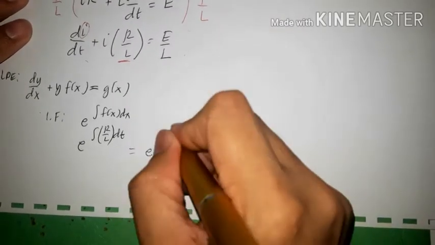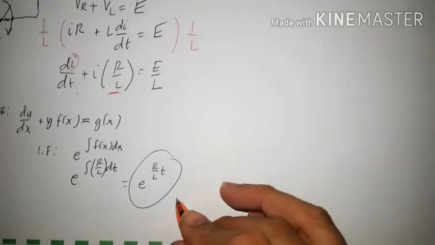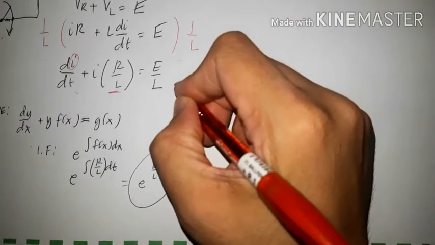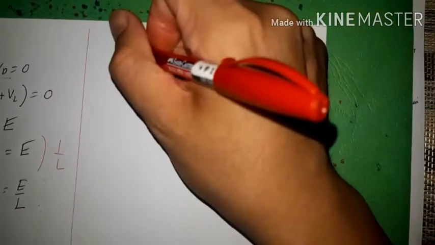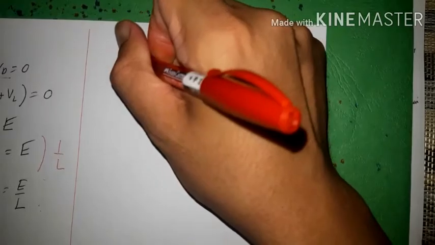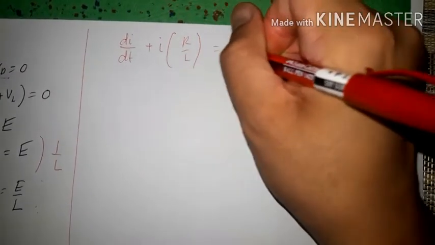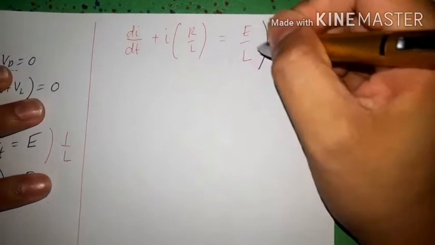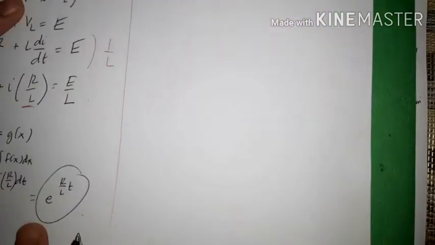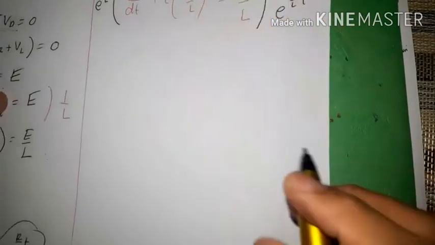So, having solved for the integrating factor, what we do next is multiply this integrating factor in our original differential equation. May I just rewrite first our differential equation: di/dt plus I multiplied by R over L is equal to E over L. Now the next step is to multiply this all by our integrating factor e raised to R over L t.